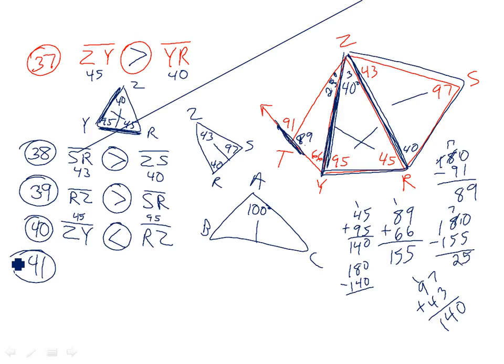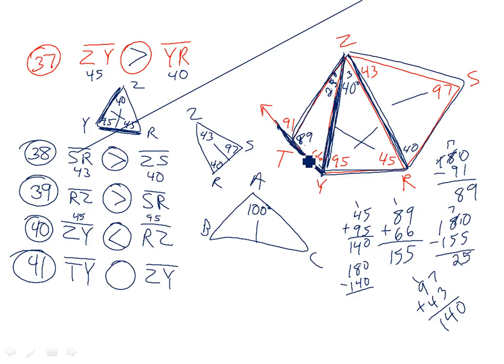41. TY and ZY. Which triangle are they in, Wade? One on the left right here.